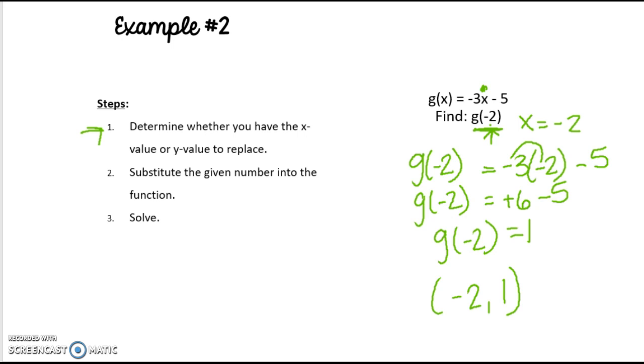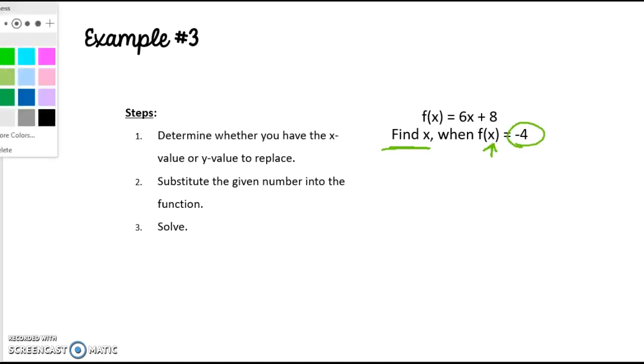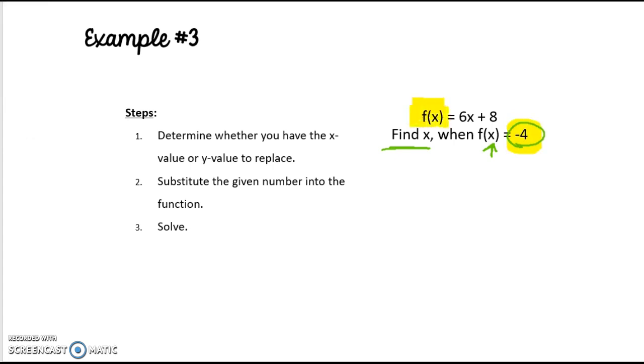All right, so let's go ahead and look at a different example of this. It's actually telling me to find x. So this time, instead of telling me what x is, they tell me what f of x is equal to, which means I'm going to be taking this f of x and plugging it in where you see f of x.